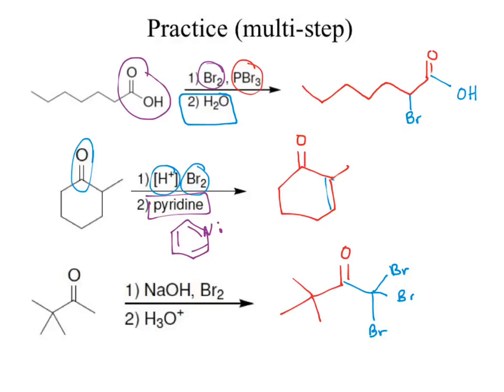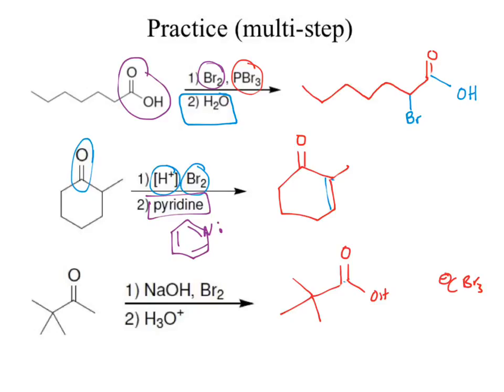What do we now have? A really good leaving group, which can be replaced by our OH minus coming in, kicking out our leaving group, and as an end result, when we put it all together, well, actually, that first step, we'd end up with this.